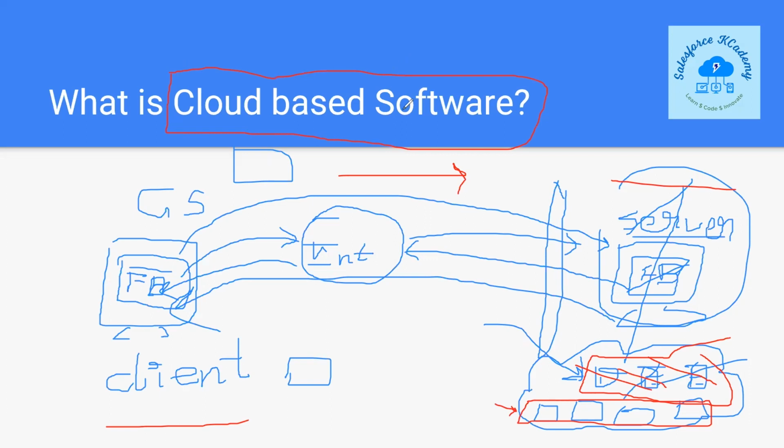AWS, Azure, Google Cloud, these are all clouds because for each of their applications and services, there are multiple servers running continuously to keep them up and running 24 by 7. Even if one of the services or servers shuts down, other services and servers will be running continuously to provide seamless communication to the clients.